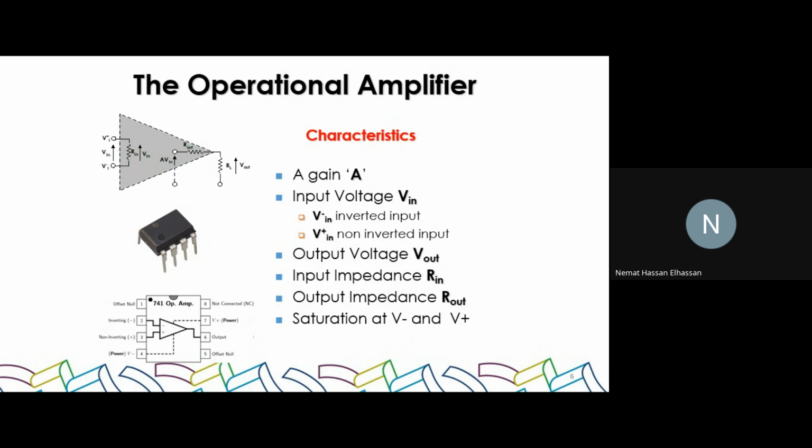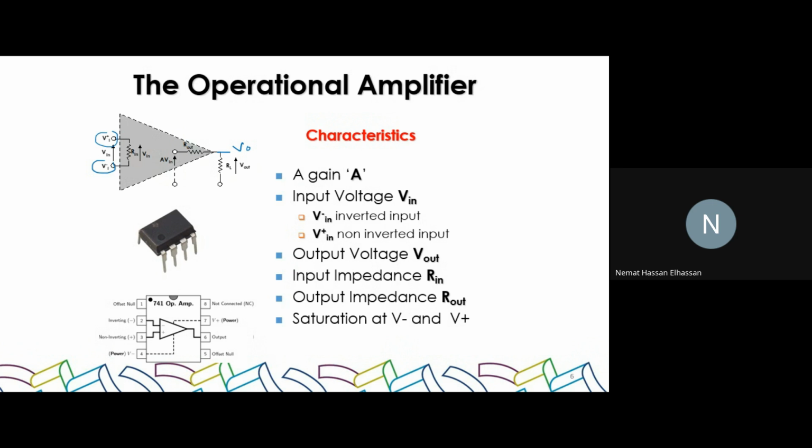The two inputs, we refer to them as the positive and the negative input terminals. One we call positive, one negative. And then we have here an output, V out. Okay? Now the op amp offers a gain.